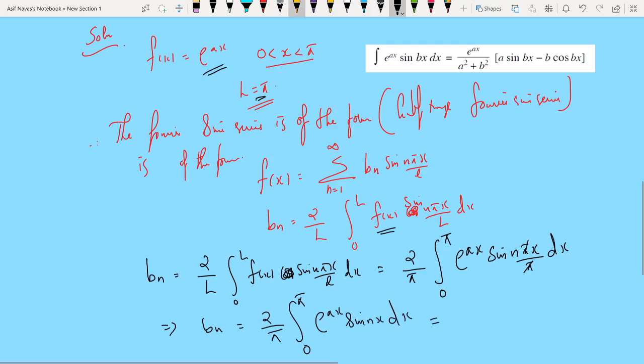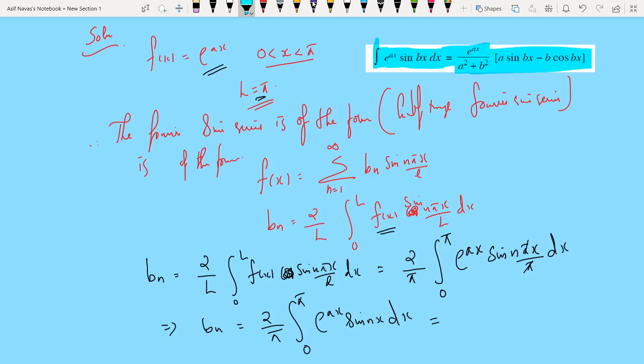We already know this formula: the integral of e raised to ax sin bx dx is equal to e raised to ax divided by a square plus b square, times a sin bx minus b cos bx. Here b equals n.